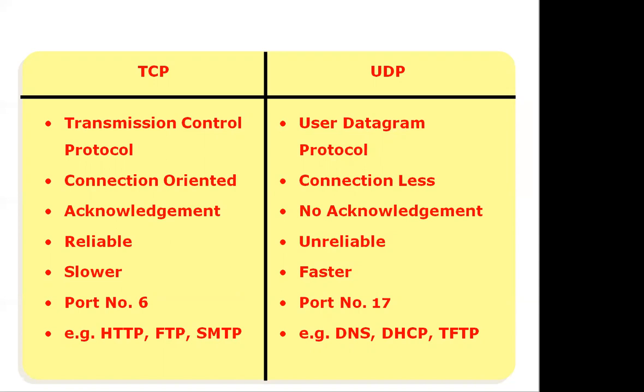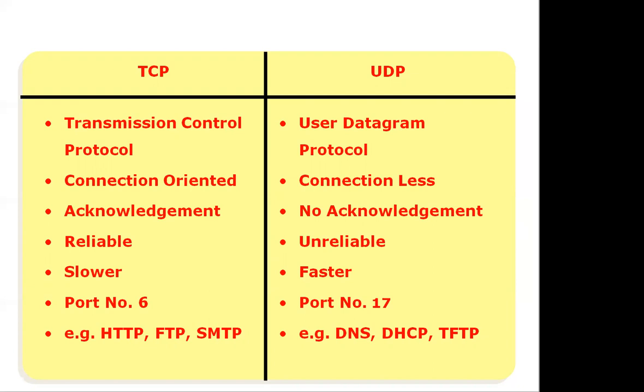What is the meaning of connection oriented and connectionless here? Connection oriented means if I'm sending data to my destination, first I will check whether the path is clear or not. Then I will get acknowledgement from the destination. After that, I will send my real message to the destination. But in connectionless, they directly send the data.